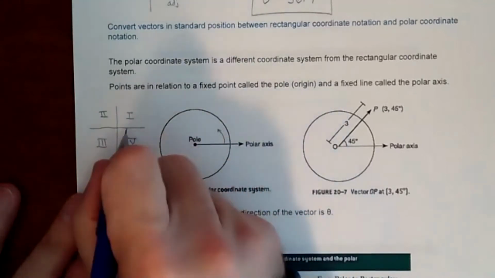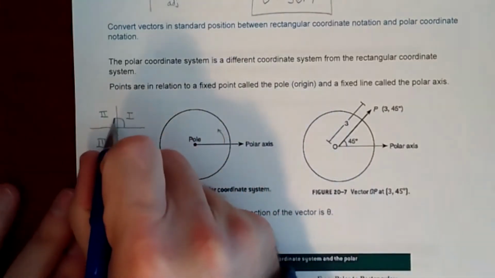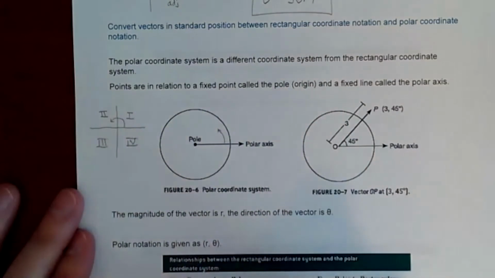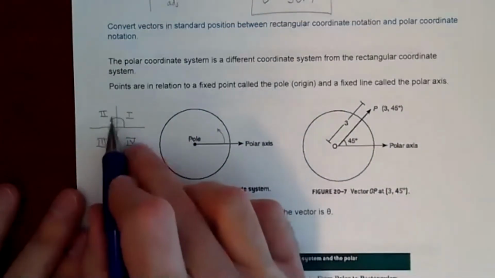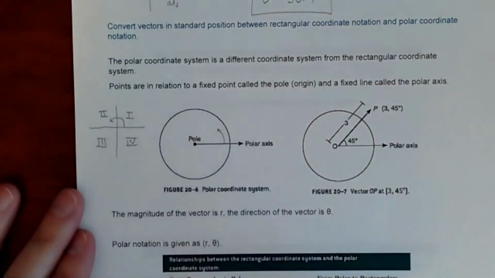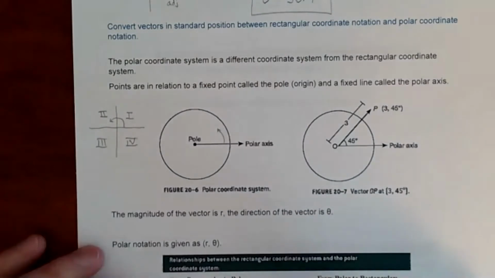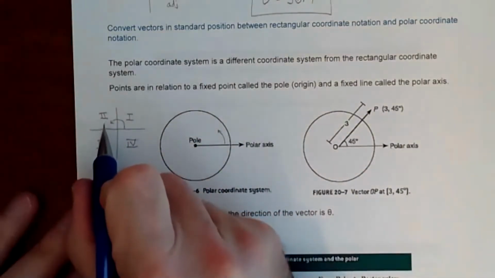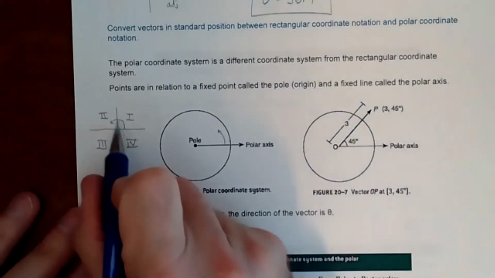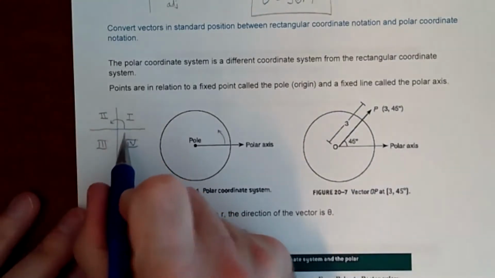It's because of us starting in this and heading in this direction when we draw our angles. That numbering system is exactly because of the direction that we go when we do our trig stuff. So there was a reason, you just never knew why. Why do we start in the upper right-hand corner? Why do we go to this quadrant, and then why do we go here? It's because of how we draw our angles.